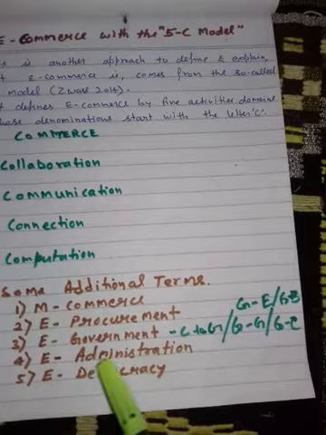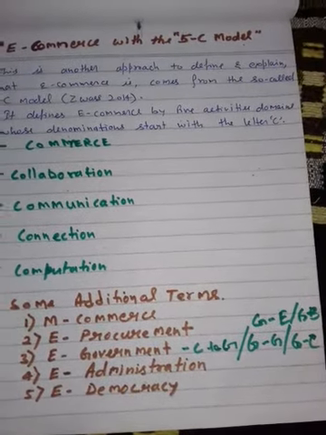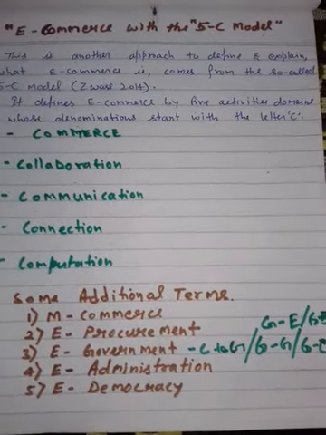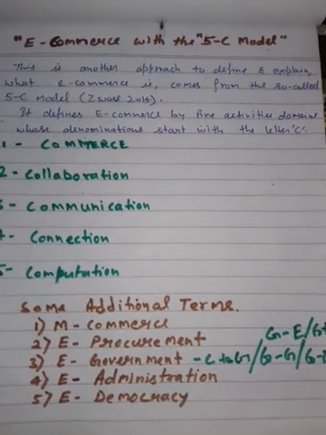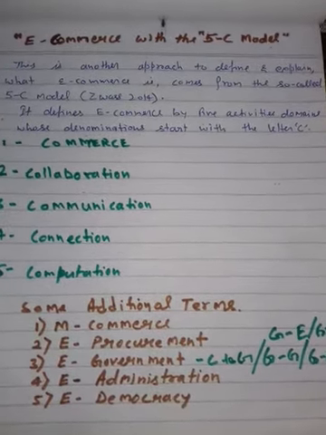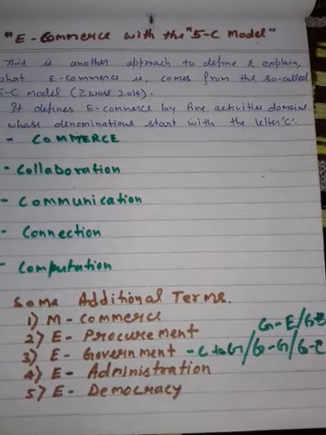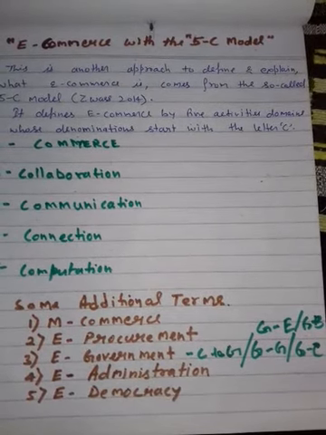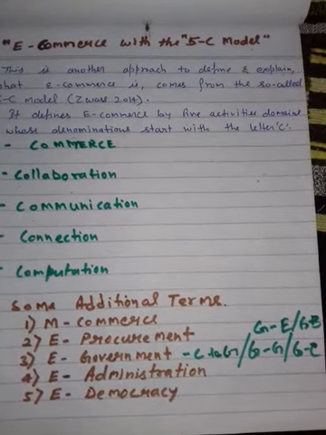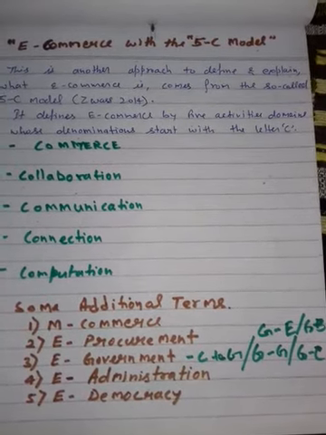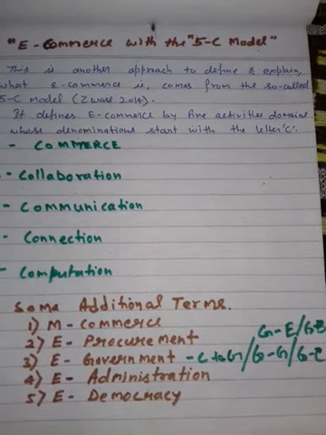And the fourth thing is e-administration. E-administration, electronic administration, means the activities of the 21st century. It refers to those mechanisms which convert the traditional paper processes of offices into electronic processes, with the goal to create paperless offices.